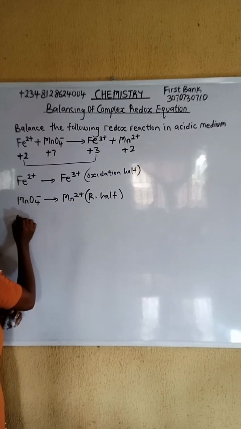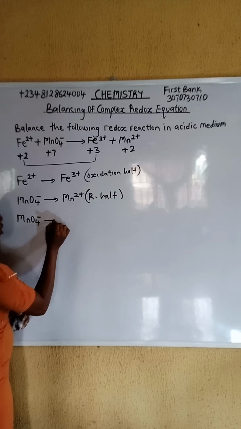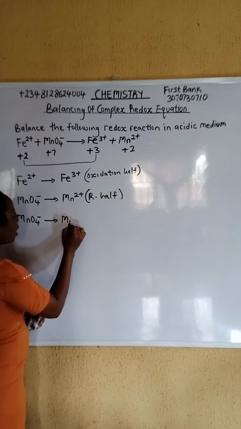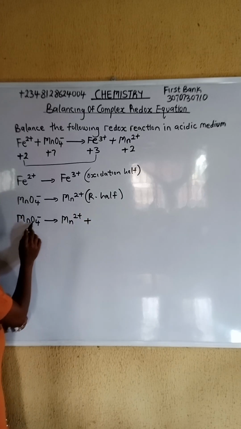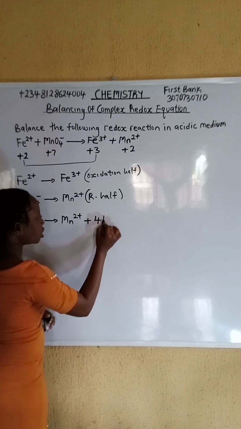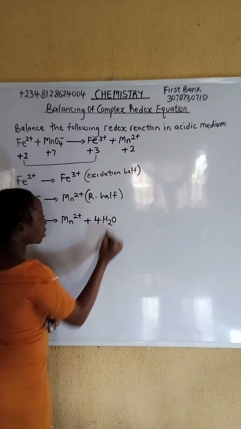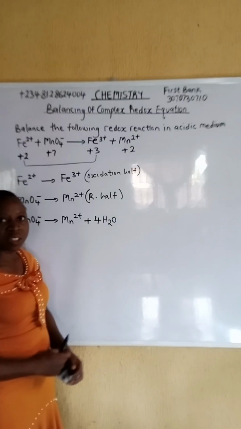So we have MnO4- giving Mn2+, and you add water to get oxygen. Since we have 4 oxygen atoms, you are going to add 4 molecules of water. From these 4 molecules of water, you'll get 4 oxygen atoms.